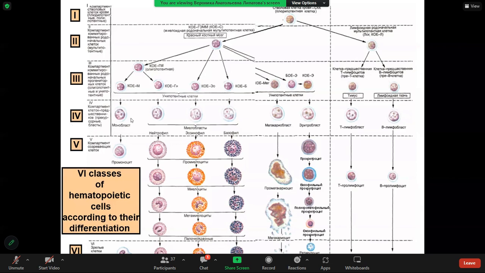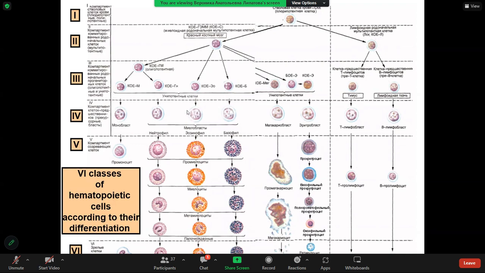Class number 4 are blast cells. We can differentiate without special technique, without special skill, monoblast from myeloblast, from megakaryoblast, from erythroblast, from lymphoblast, and from T lymphoblast. But we can differentiate the cell as a blast cell.